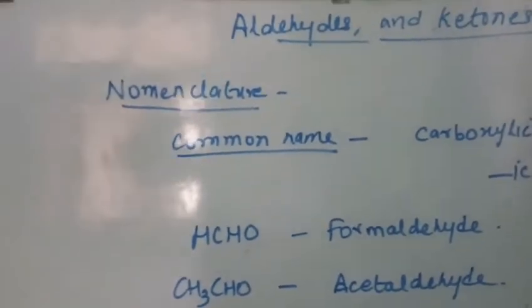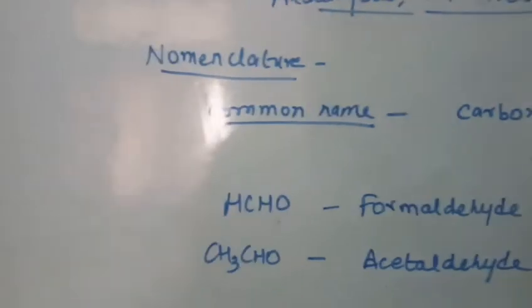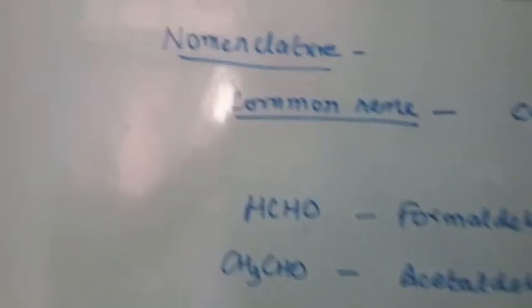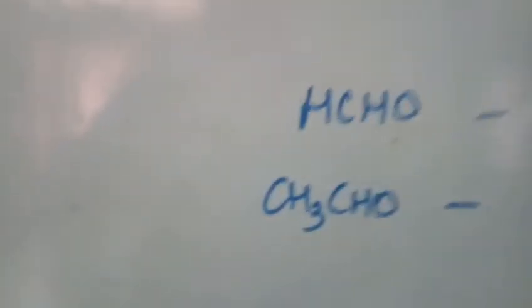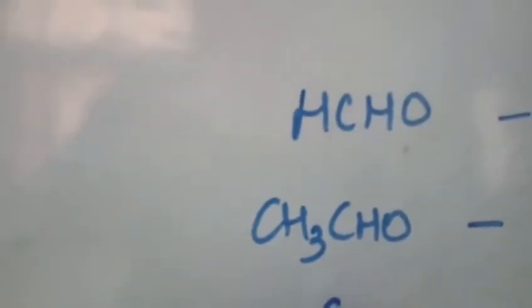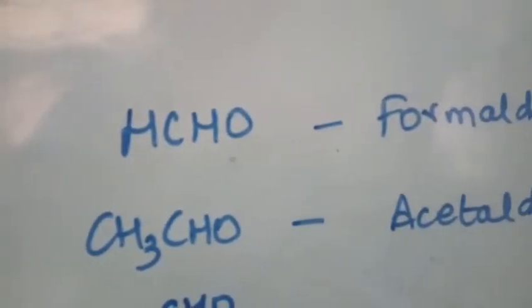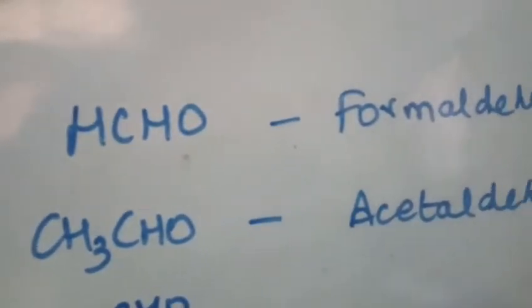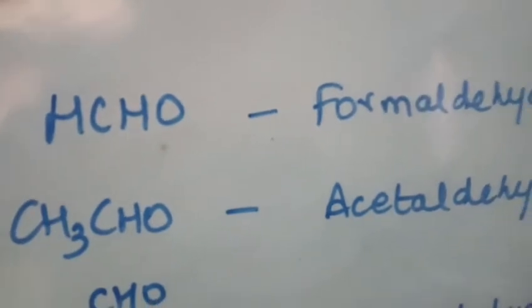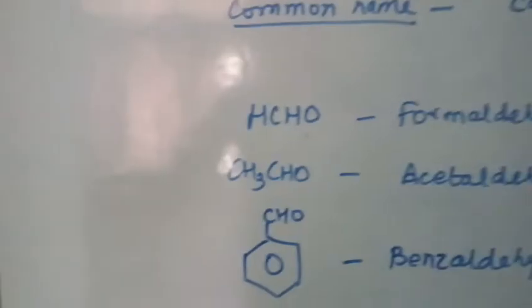For ketones we will study further, now we are dealing with aldehydes. Similarly, if you have aromatic aldehydes, such as benzaldehyde, benzoic acid is there, so remove ic acid and add aldehyde, and the name is benzaldehyde. Got it?